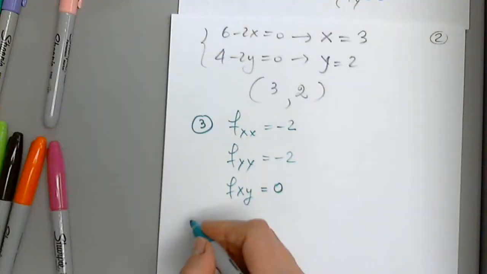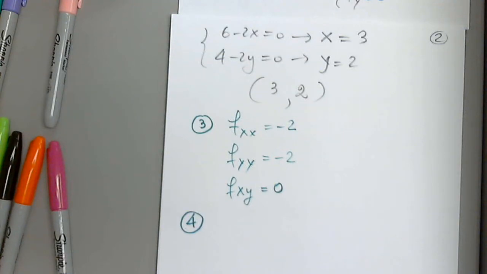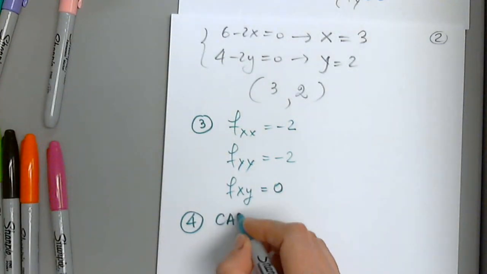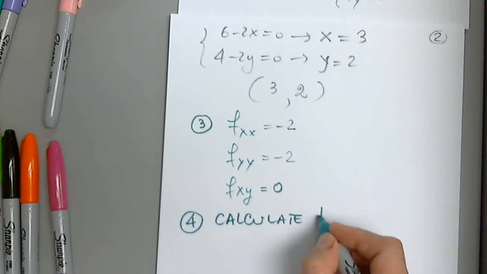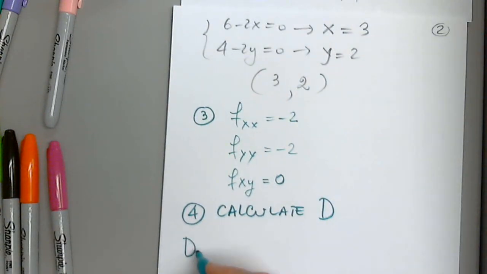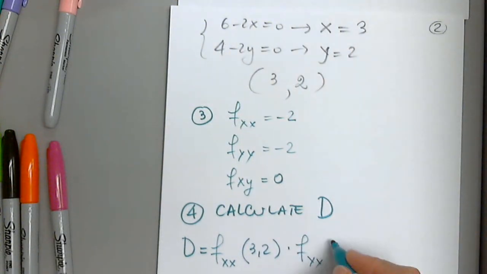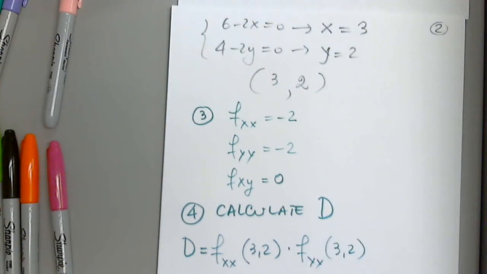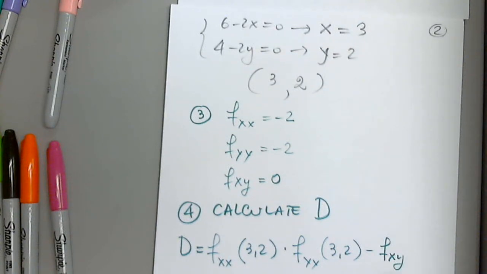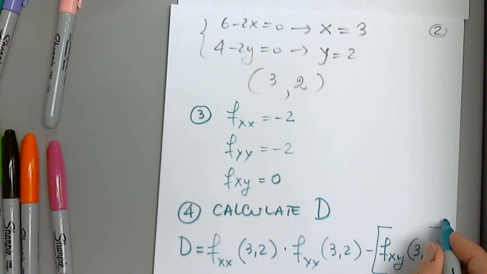Final step of the test. Calculate D. Okay, what is D? D is fxx at the point 3, 2 that we just determined, multiplied by fyy at the point we just determined, minus fxy of the point that we just determined, but this quantity will be squared.